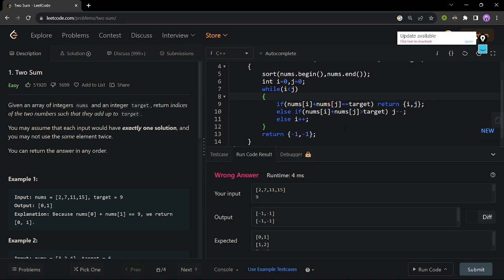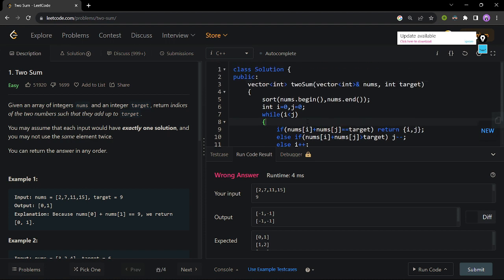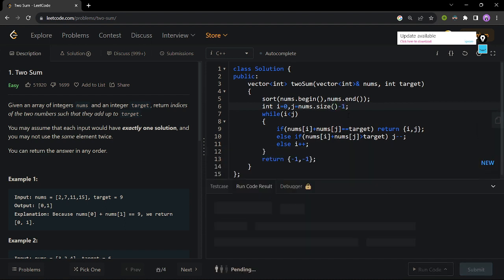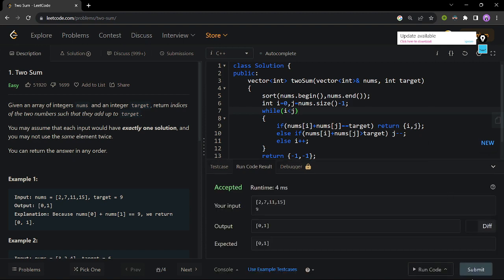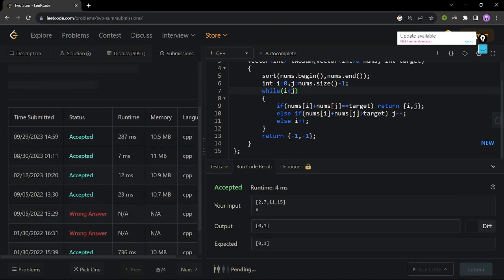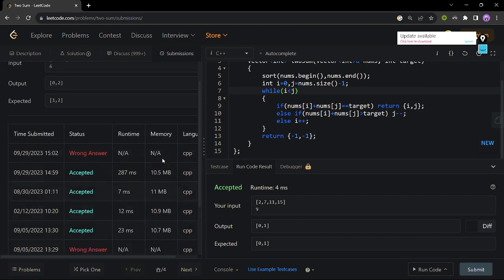Okay, see, I have something wrong. Okay, sorry, I have to take the last j. Okay, this was our thing. I think this will be the right solution.